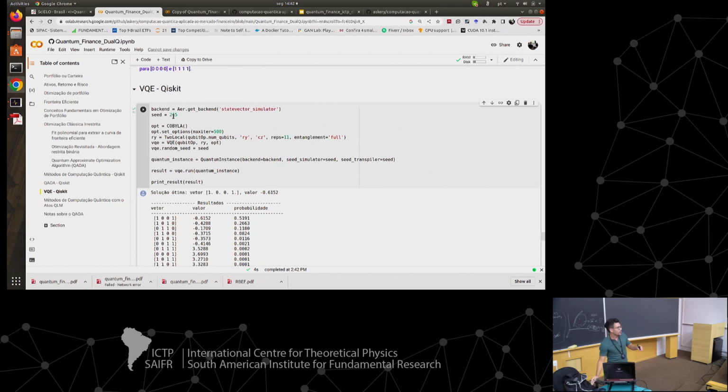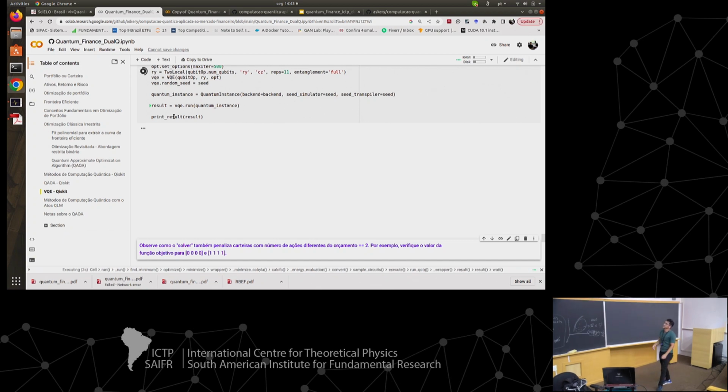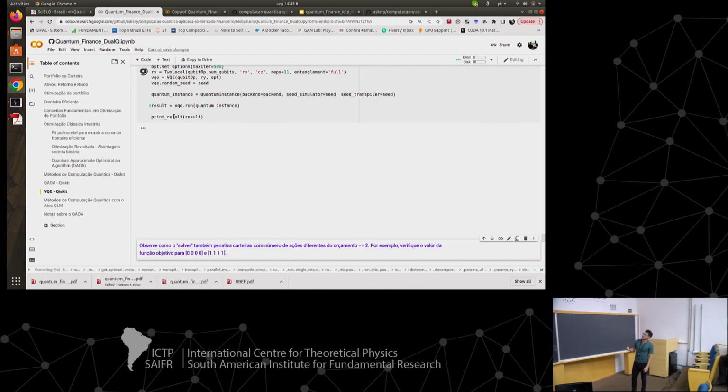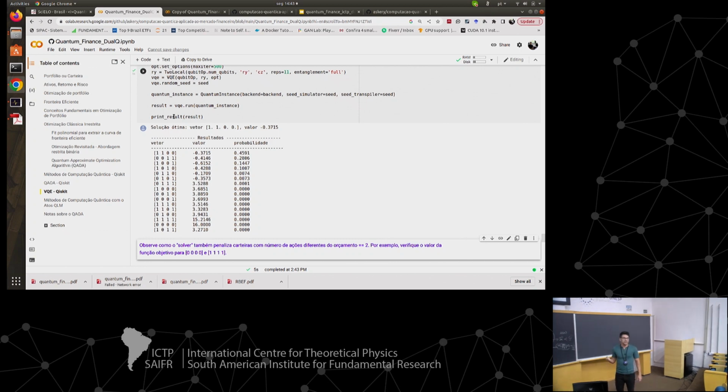But now I know how my code goes wrong because I know it well. I will put a seed that probably won't converge to the best solution. Let me see if it will. Yeah, see? I just changed the random initialization of this parameterized circuit, and it couldn't converge.